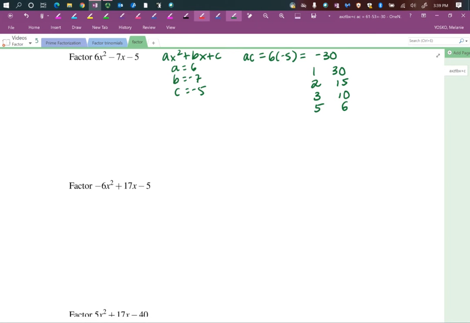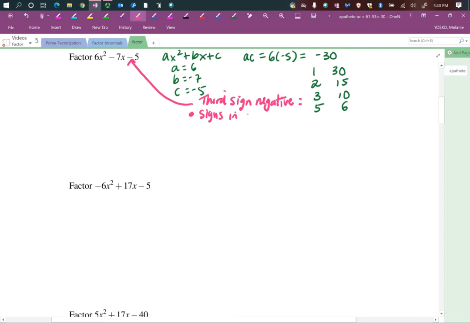So let's go back to our original problem and talk about what the signs tell us. So this third sign is going to be really helpful. The third sign is negative, and if it's negative, it tells us several things. First off, it's going to tell us that when we end up factoring, our signs in our parentheses are different, okay? It also tells us we are going to subtract to get the middle term.